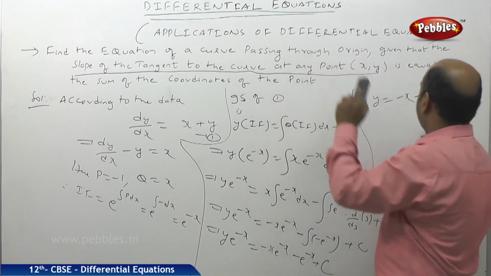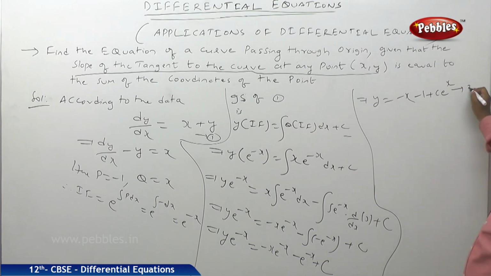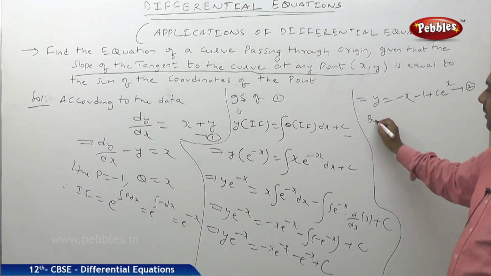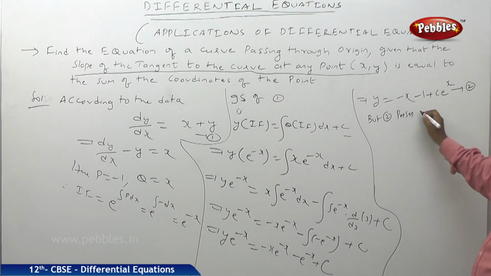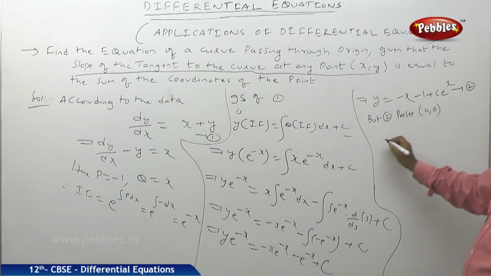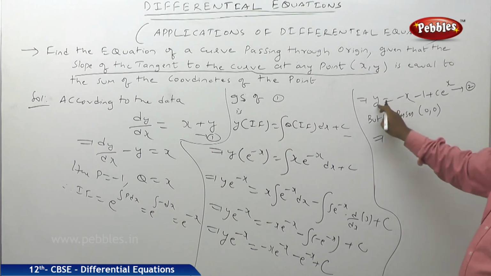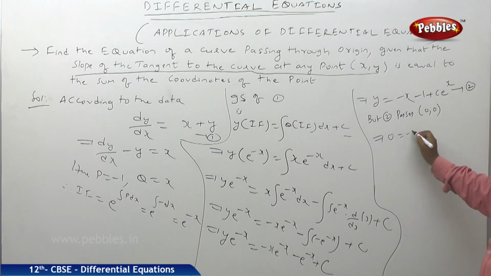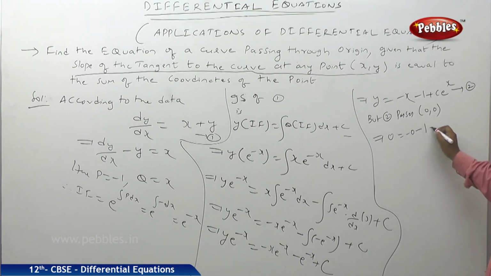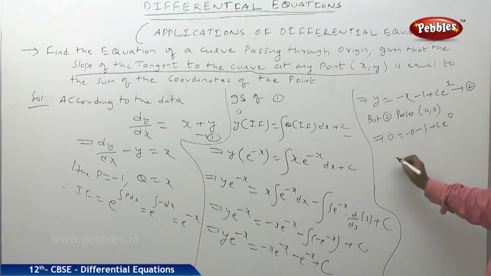But the curve passes through the origin, that is 0 comma 0. So substitute 0 in place of x and 0 in place of y. So 0 is equal to minus 0 minus 1 plus c into e power 0.